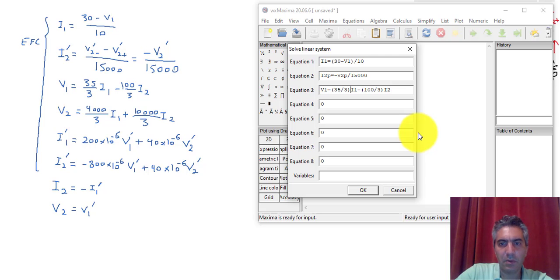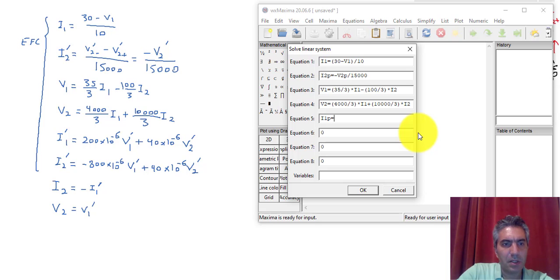For all of these I have to make sure I'm using the right syntax, so I have to have the multiplication. Then we're going to move on to the fourth equation. V2 is equal to 4000 divided by 3 multiplied by I1 plus 10,000 divided by 3 multiplied by I2.